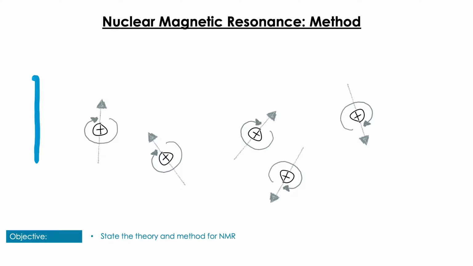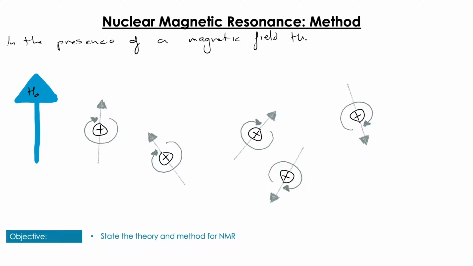However, when we apply a magnetic field, these mini bar magnets are going to rearrange themselves in one of two ways. They could align themselves with the field, so the field lines going in the same direction, or they might go against the field lines, so they may align themselves in the opposite direction.